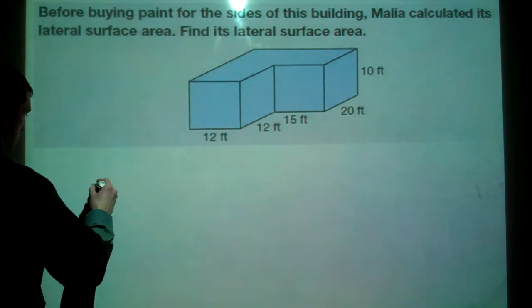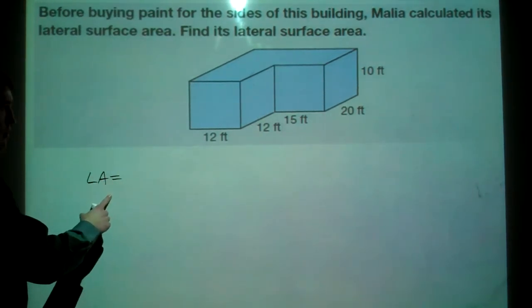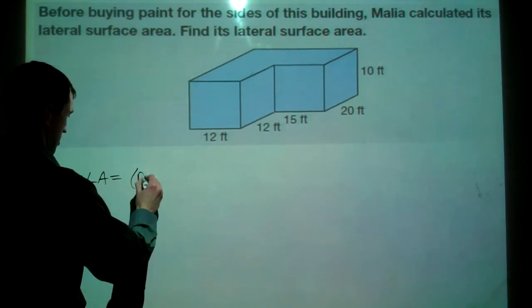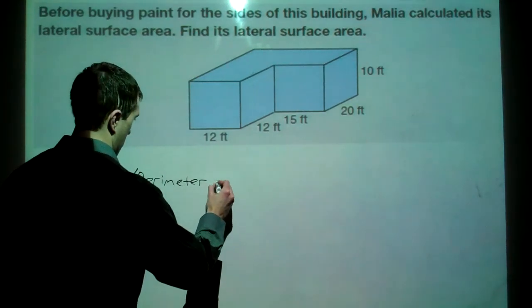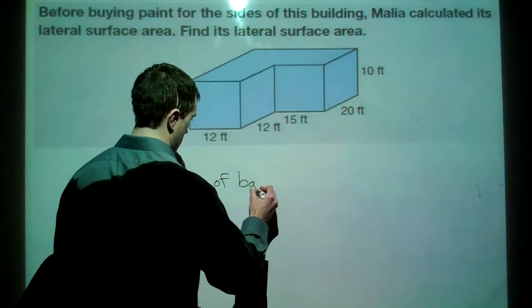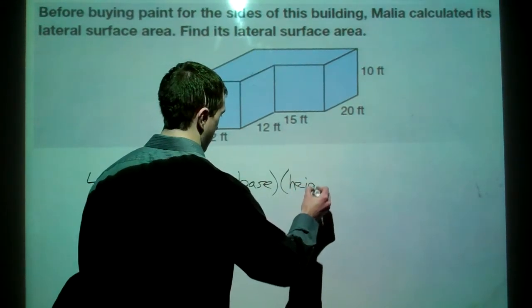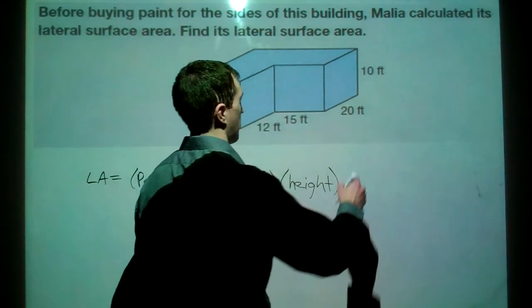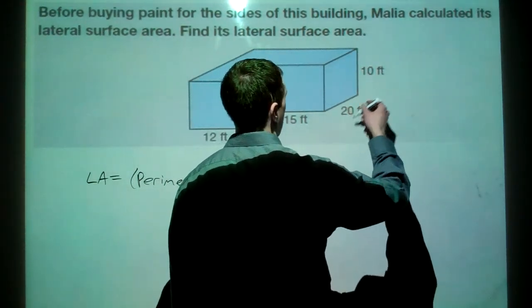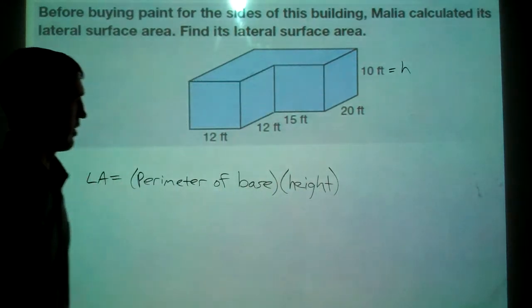And remember, our lateral area, LA, is the perimeter of the base times the height of our object. Okay? Height, that one's easy, that's right here. How tall is your building? 10. Height is 10 feet, okay?